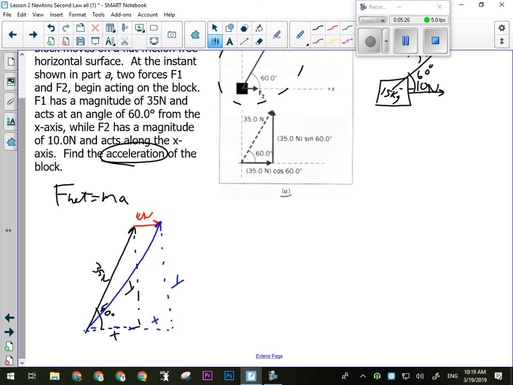So I've got to find black X. Black X will be the cos of 60 times 35, which would be 17.5 newtons. Then Y will be the sine of 60 times 35. I don't know what that one is off the top of my head.